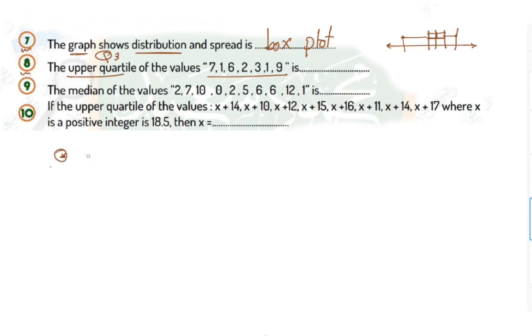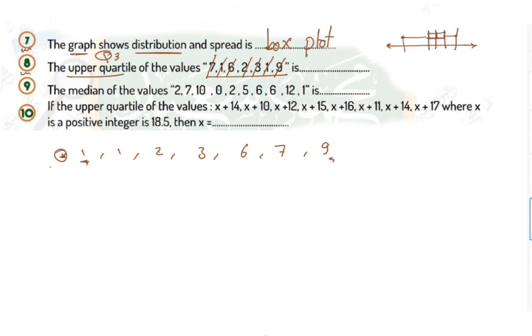Start with the smallest: 1 and another 1, then 2 and 3, then 6, 7, and 9. Now I arranged them ascendingly from the smallest to the greatest.